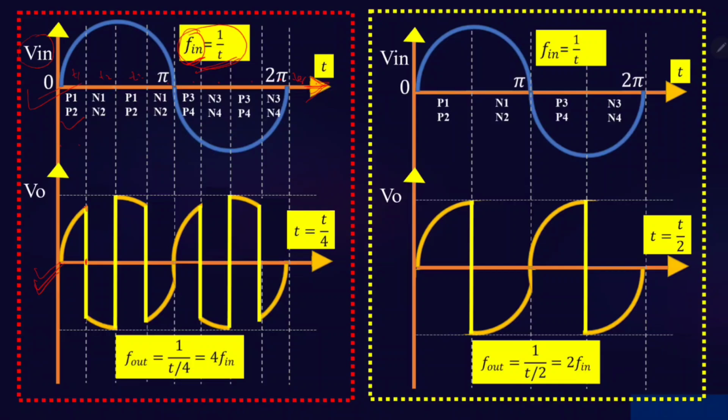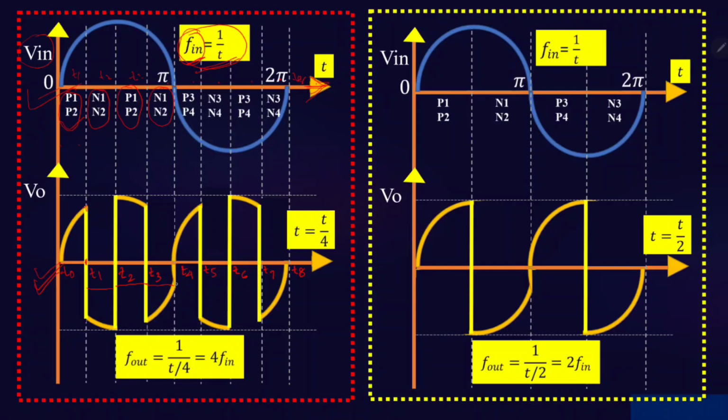Again T2 to T3, P1 and P2 will be on, and T3 to T4, N1 and N2 will be on.